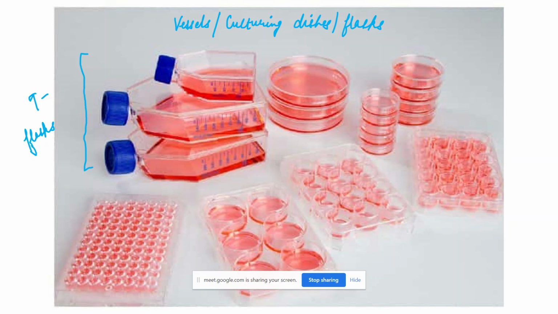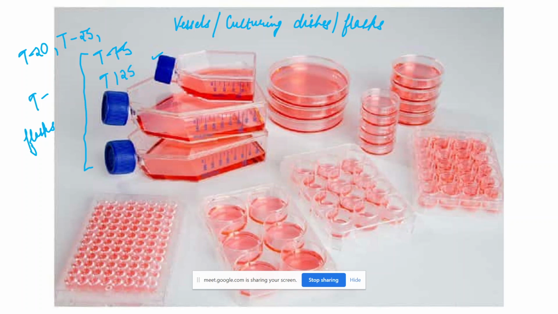Now, as you can see here, there are different sizes of T flasks which are present. One is a very small one, one is intermediate, and one is a big flask. So here, these flasks are denoted as T20, T25, T75, T125, and so on.